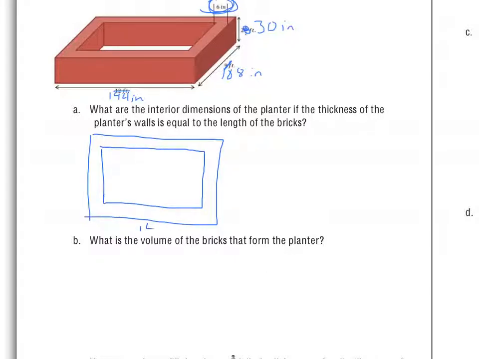We know this is 144 by 108 on the outside, and we want to know what it would be on the inside. So thinking about that, the inner dimension is if we are taking 6 inches off from this side and 6 inches off from this side, which means we're going to have a total length from that interior.